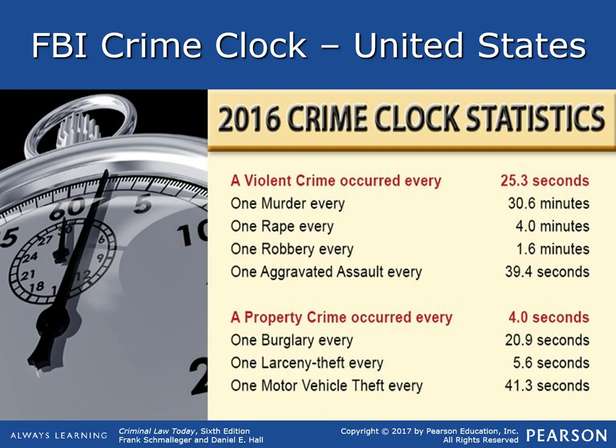Another thing that they do is they will put together an annual crime clock that shows basically Part 1 crimes across the United States in their frequency, meaning how often do they actually occur, not just in a city, but across the U.S. And it's interesting to note how many crimes there actually are.